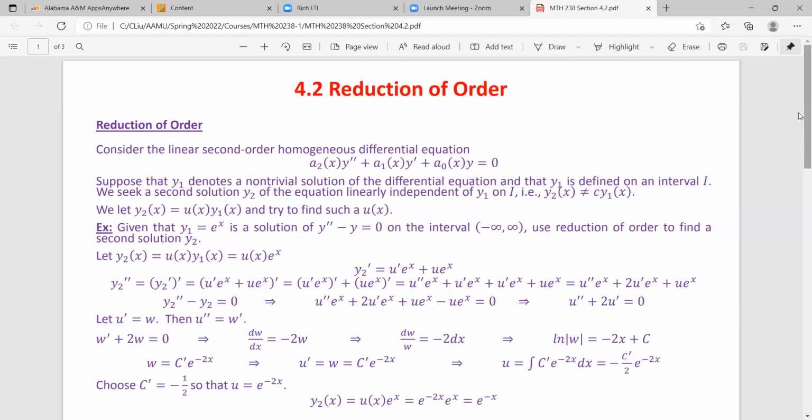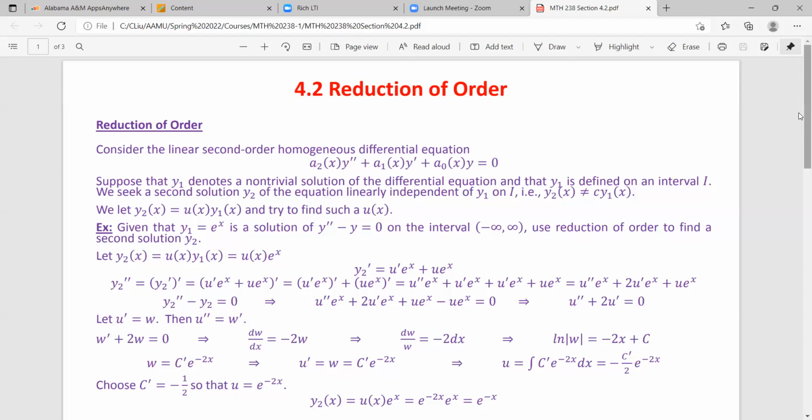Okay, so we don't have to worry about the arbitrary constant here because we only need to find one of those u's. So we can just drop the arbitrary constant. And we can choose C prime to be any number in here.